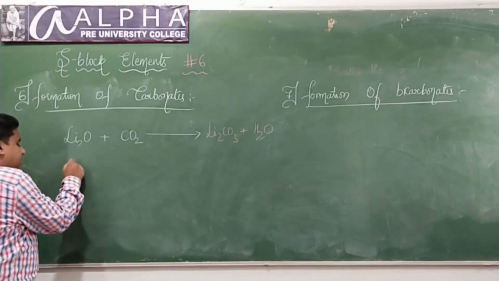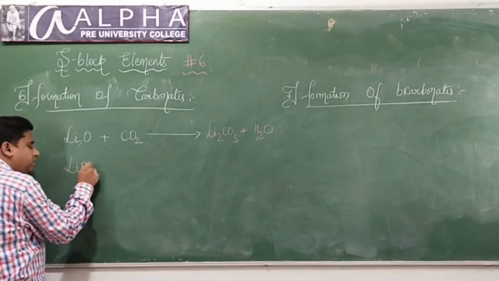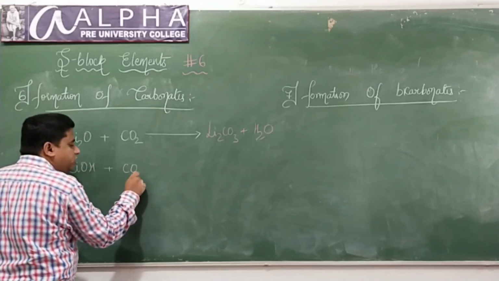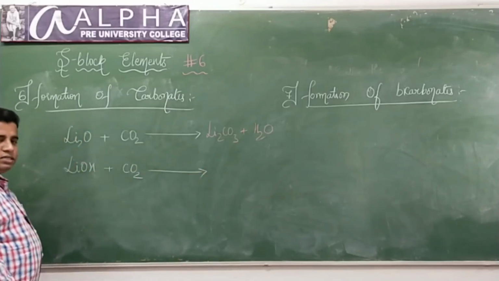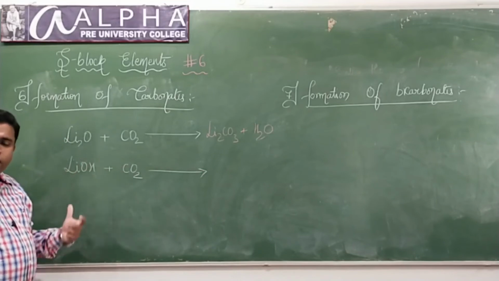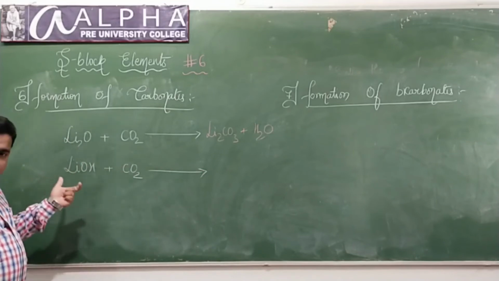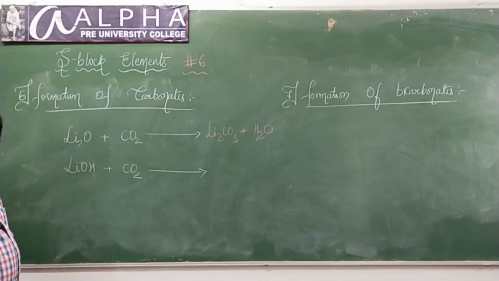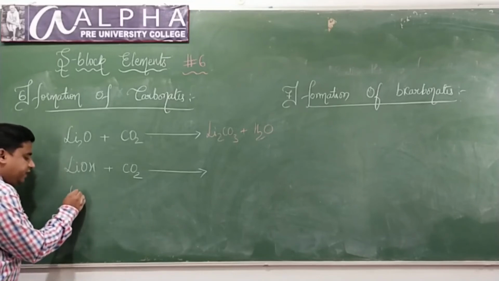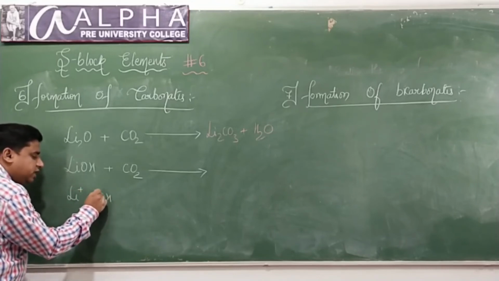Now let us treat lithium hydroxide with carbon dioxide. Again, if you want to write the product, just interchange the ions. In lithium hydroxide, we have lithium ions and hydroxyl ions.